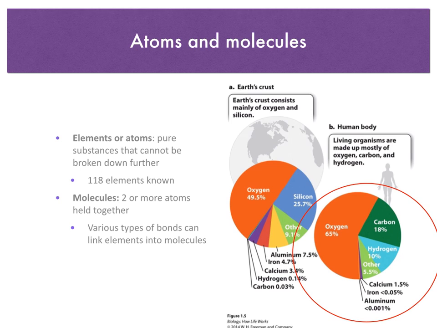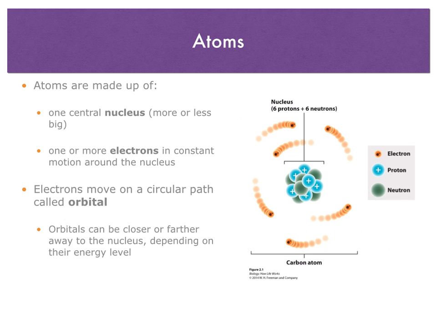Now, when atoms connect together, it is called a molecule. When you have two or more atoms connected by various types of bonds, you can call it a molecule. Molecules can be made because atoms have specific properties.